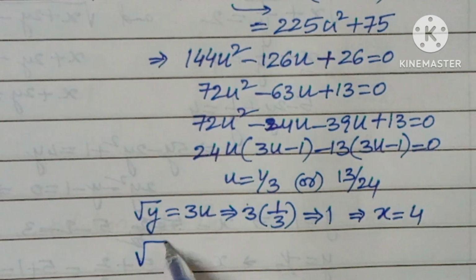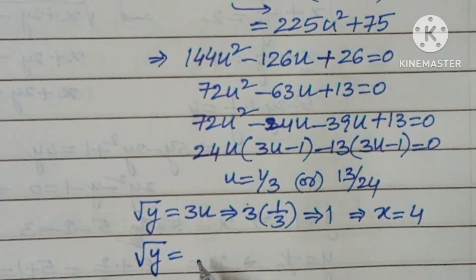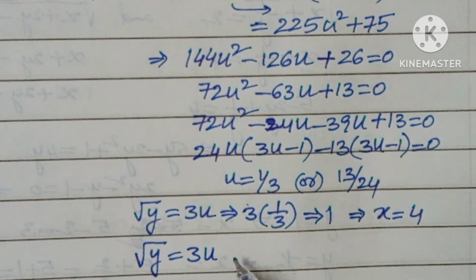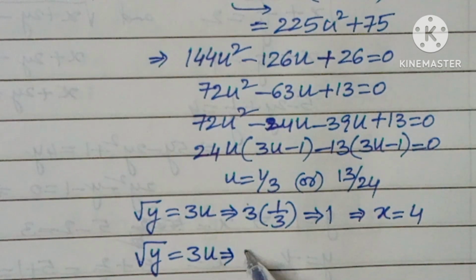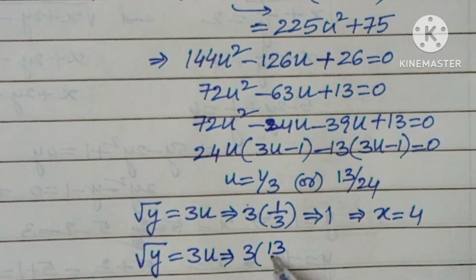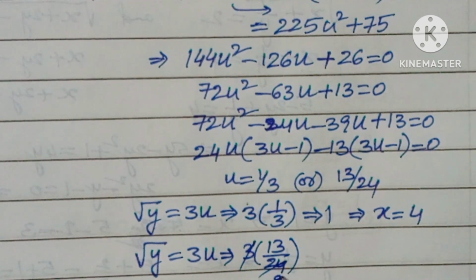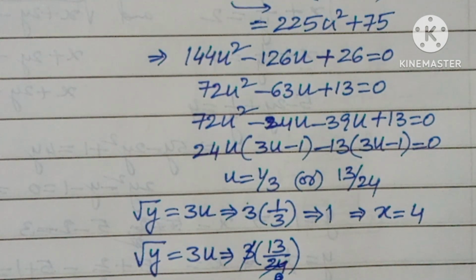Y value 1, x value is 4. Now for the second value, root y is equal to 3u. So 3 into 13 by 24, you will get 13 by 8.